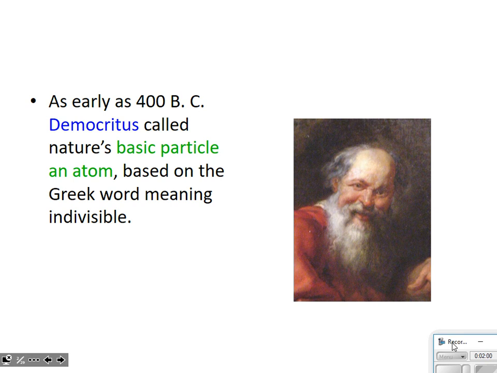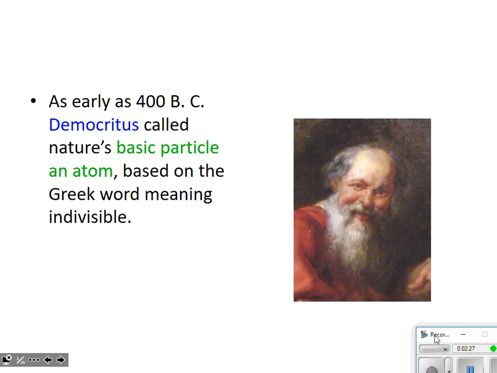Why did he call it the atom? Well, the Greek word that means indivisible is atomos. Atomos means indivisible. So Democritus said there's some basic building block that everything is made of.